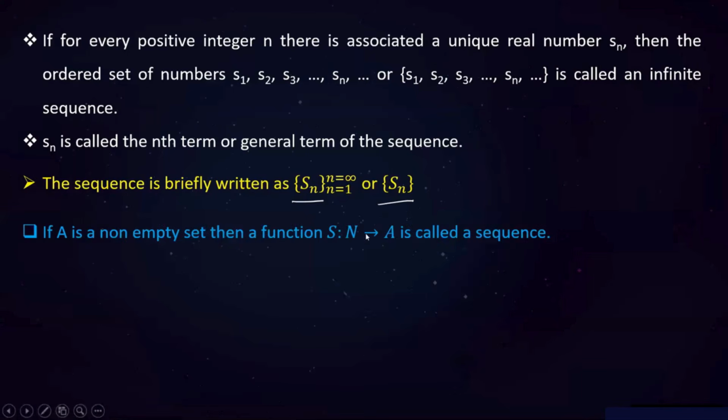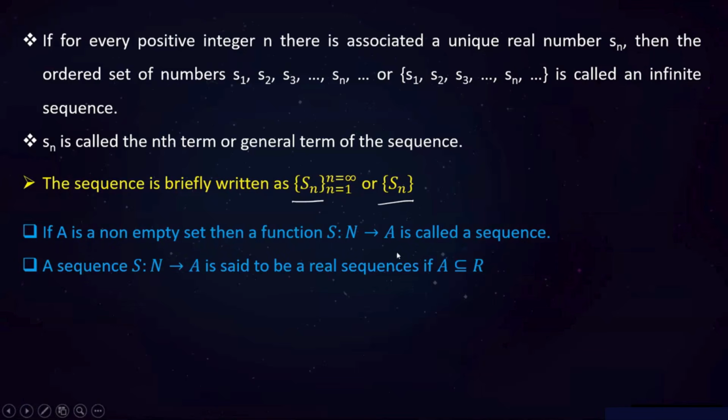Now see, when you are given a sequence, mathematically speaking, as I told you already, when you are given a non-empty set capital A, a sequence is actually a function or a mapping from the set of natural numbers to the given set of numbers, right? And in particular, to define a sequence, we are considering a set of numbers, a set of real numbers or anything you may have.